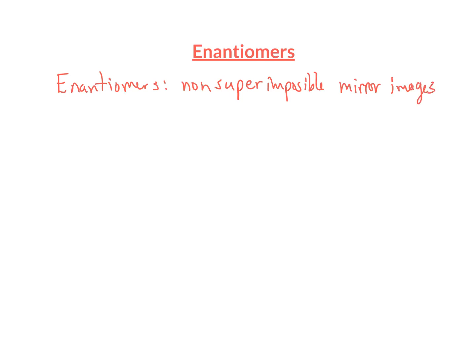And so taking a look at a hypothetical enantiomer, I'll put my carbon in the center, and here's my first substituent off of carbon, it's red, and then I'll have a blue substituent up here, and I'll have a green substituent over here, and I'll have a purple substituent back here. So enantiomers are non-superimposable mirror images.